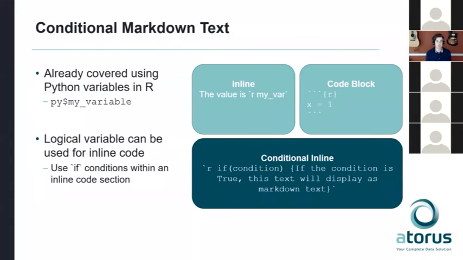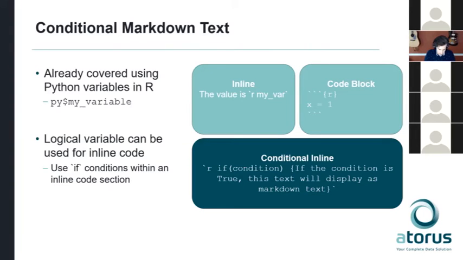Yeah, so when talking about this workshop, one of the coolest things that I saw about R Markdown, I'm also a SAS user from the beginning, so I started in SAS. I did Python and R before that, very briefly. My first real coding language was SAS, and then I came back, learned a bunch of Python, and then when I came to Atorus, I learned a bunch more R. I dabbled in it before, worked on a bunch of stuff, but I never really touched R Markdown, and when I got to R Markdown, one of the cool things about it is that you could do stuff conditionally.